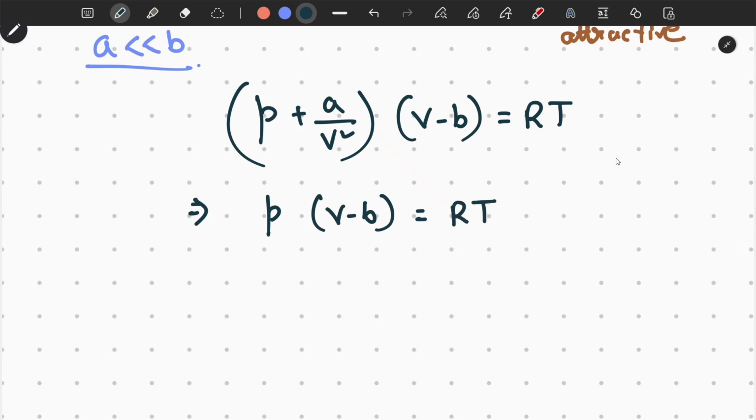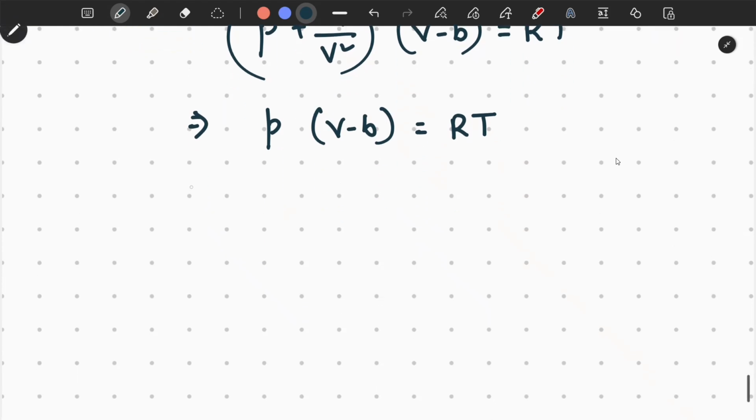So now it is P(V minus B) equal to RT. So what you can write? PV by RT equals to 1 plus BP by RT.